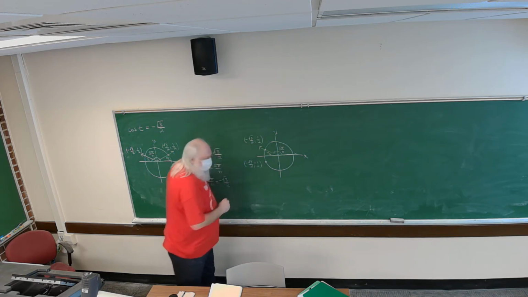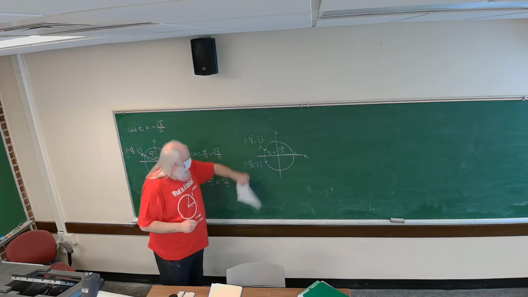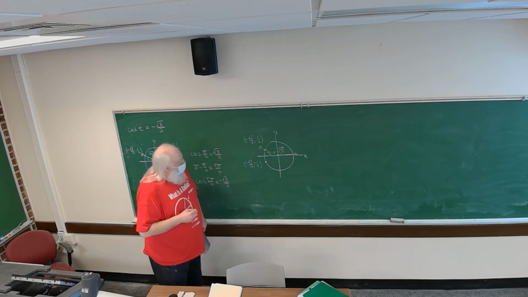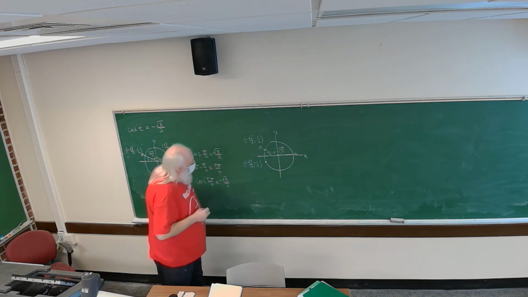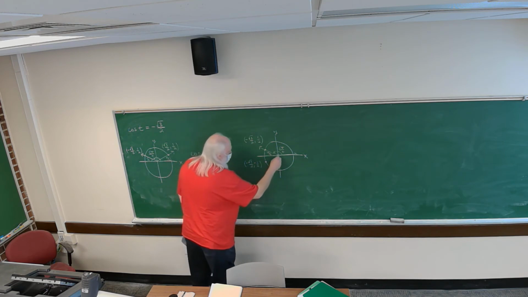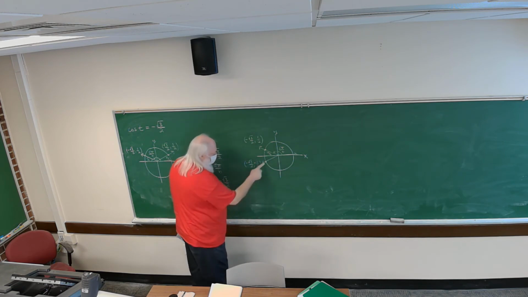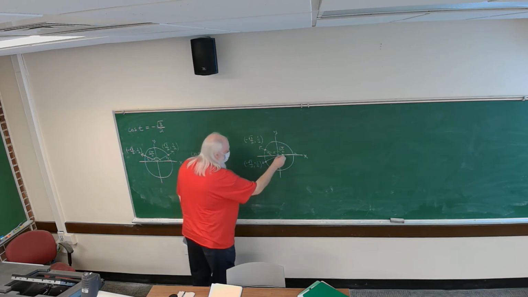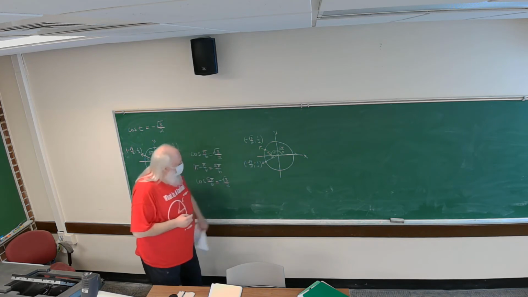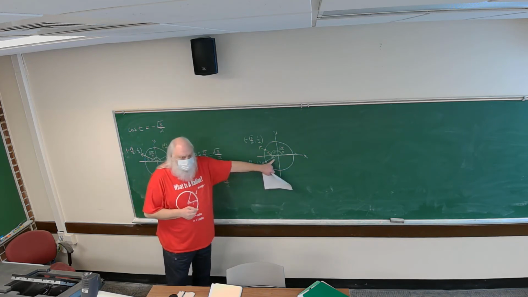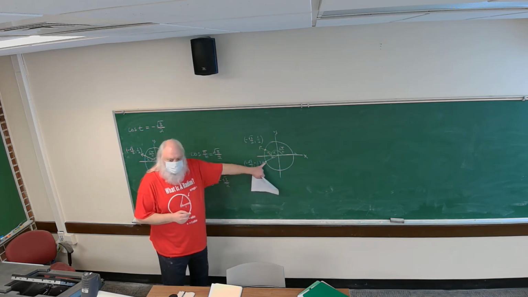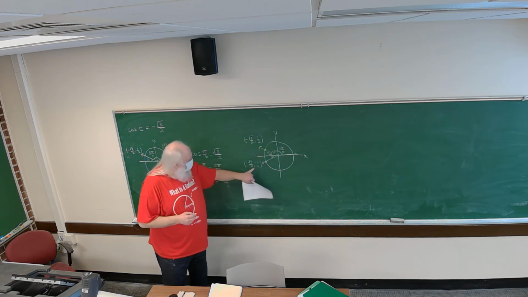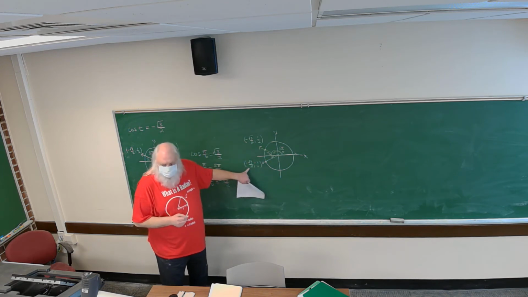Except the y-coordinate is now minus 1/2, not plus 1/2. So if I draw the terminal side of an angle to that point, the question is, what's that angle that has its terminal side going through that point? The cosine of that angle is equal to minus square root of 3 over 2.